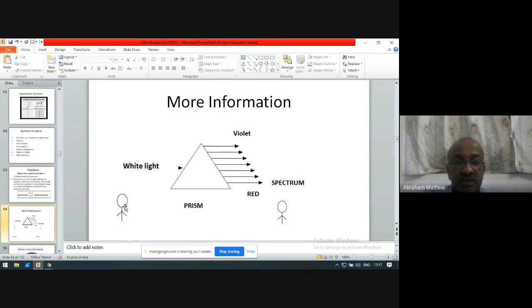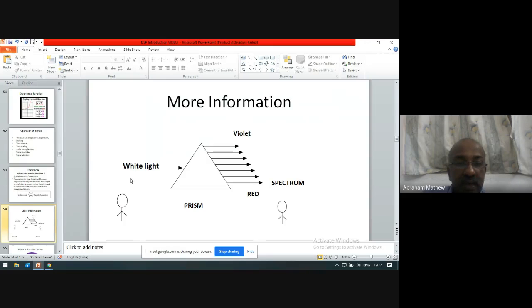This is person 1, this is person 2, and both are observing it. Person 1 is standing before a prism and person 2 is standing behind it, after the light is passing through the prism. Both are observing the same input, white light.